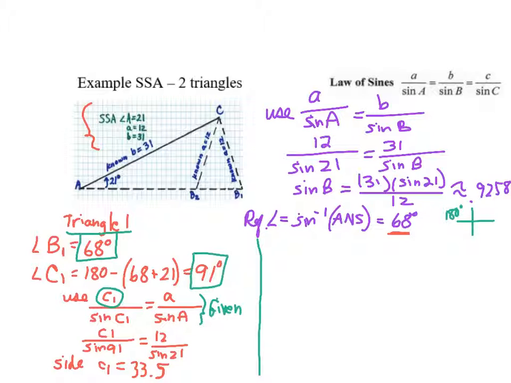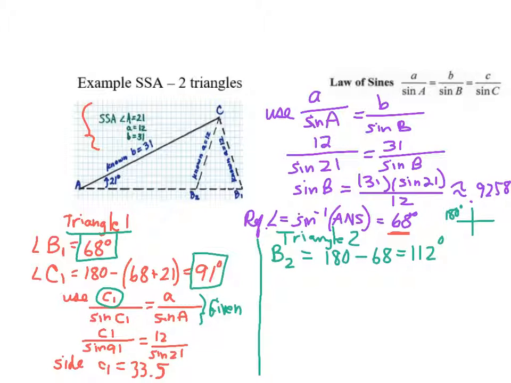In order to find triangle 2, we need to actually take that B, and I'm going to make it now a B2, to subtract the reference angle, so it'll be 180 minus your reference angle 68, and that will give us 112 degrees.